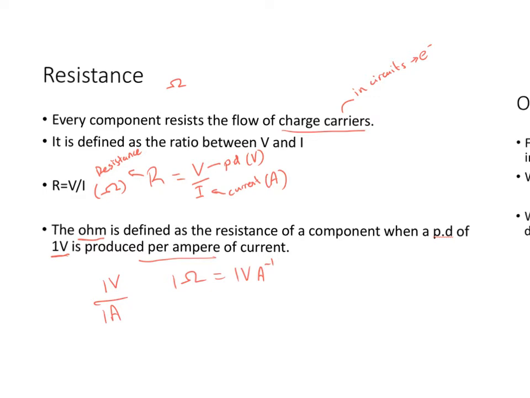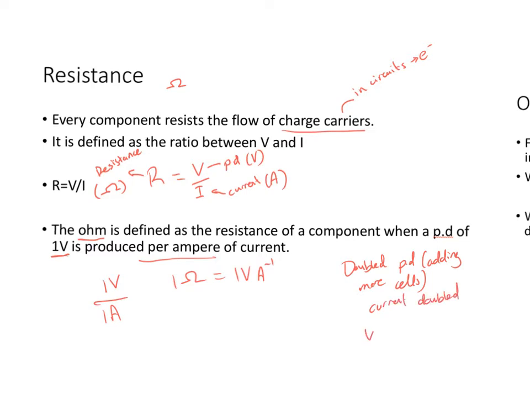Now, this was discovered by a German physicist, Ohm, quite a while ago, I think in the 1800s. He basically investigated what would happen if he doubled the potential difference by adding more cells, and he realized that the current doubled as well.